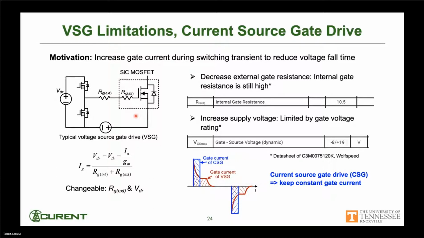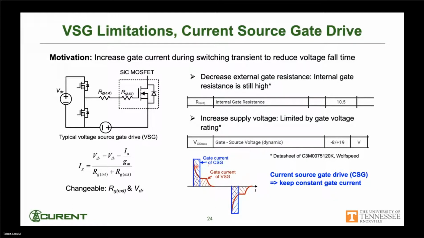So what we hope to do with our current source gate drive, if you remember with our voltage source gate drive, it injected quite a bit of current at the beginning and then it fell off very quickly because of these internal resistances and these capacitors that you're charging. It limits how much current you can put in, and so it takes longer.